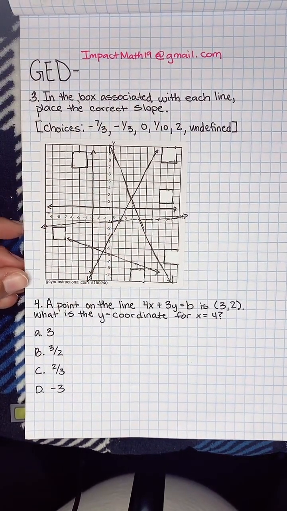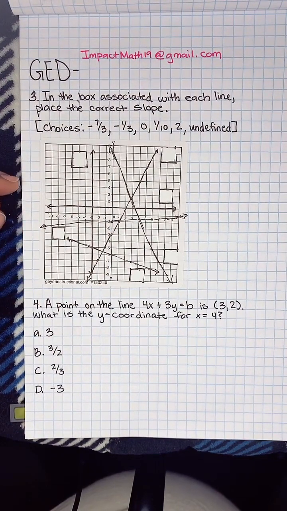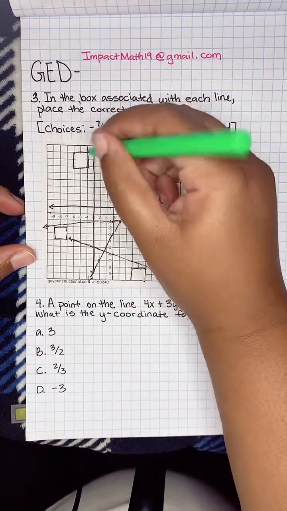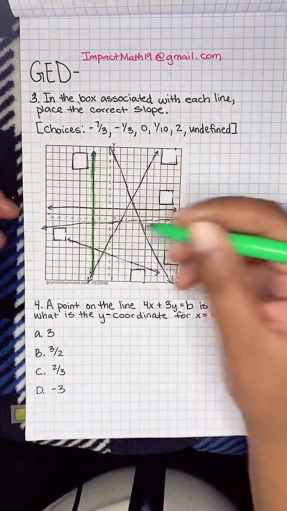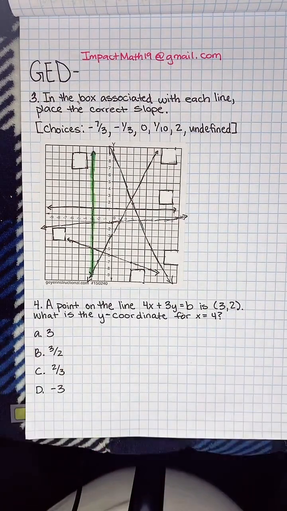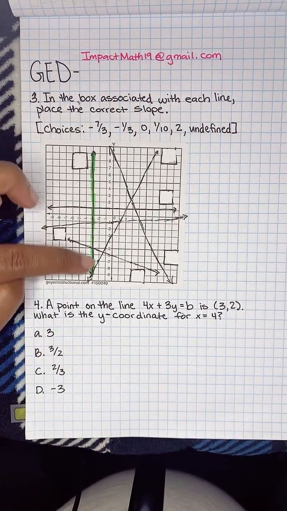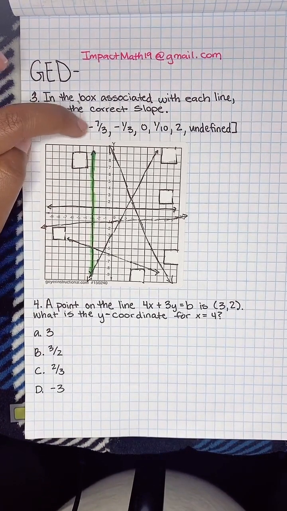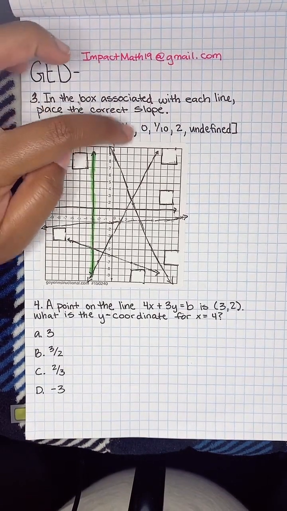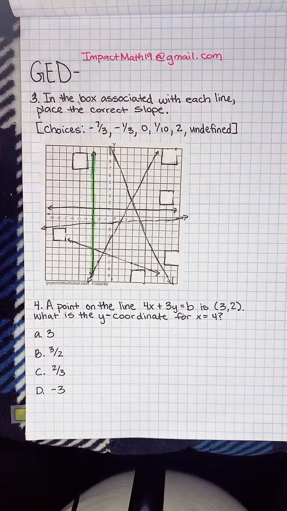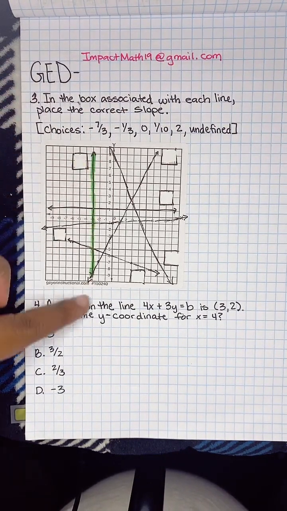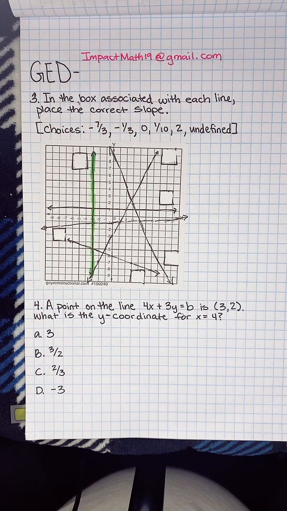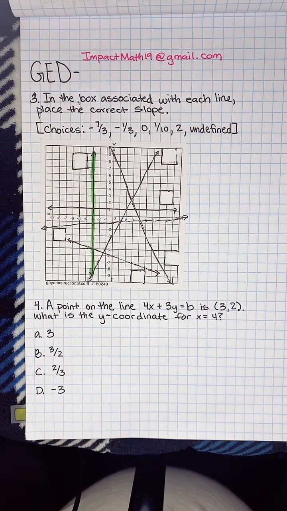All right, so if I'm looking at, let's do the vertical line. If I'm looking at this line right here, what do you guys say that the slope is? Is it -7/3, -1/3, 0, 1/10, 2, or undefined? What's the slope of vertical lines? Does anybody know?